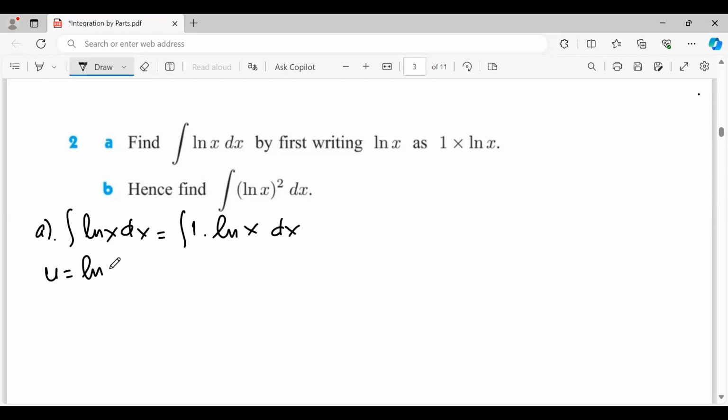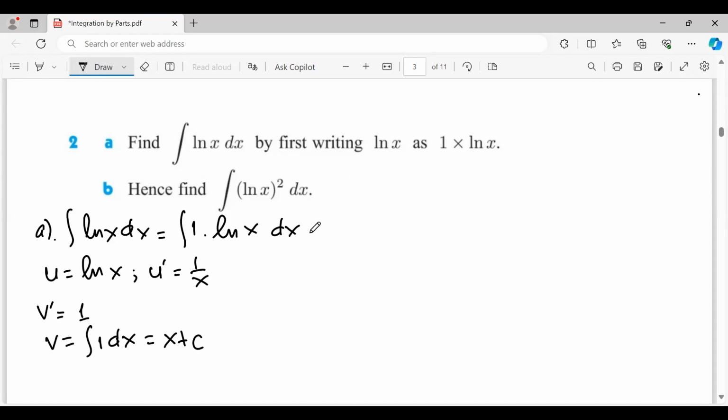If u is ln x, it means derivative u is 1 over x. If derivative phi is 1, so phi equals integral 1 dx or x plus c.